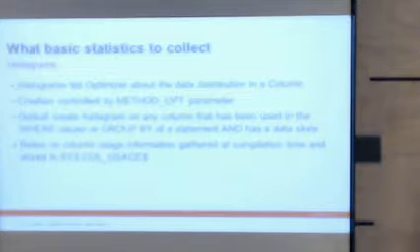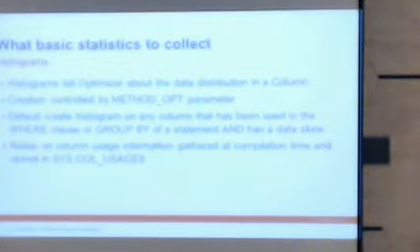Now let's talk about histograms. Histograms are used with skewed information. They help the optimizer figure out correct cardinality estimates. Since version 10, the database has been spying on you, watching you. When you run a query and select star from table where x equals 5, the database is going to remember in the dictionary that you used column x in an equality predicate.